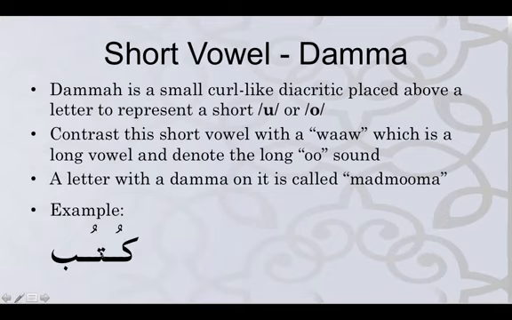So we say kaf madmuma ku, ta madmuma tu, ba maskuna ba, kutub. This is the word kutub. Just remember that whenever a letter has a Dhamma on it, it is called madmuma.